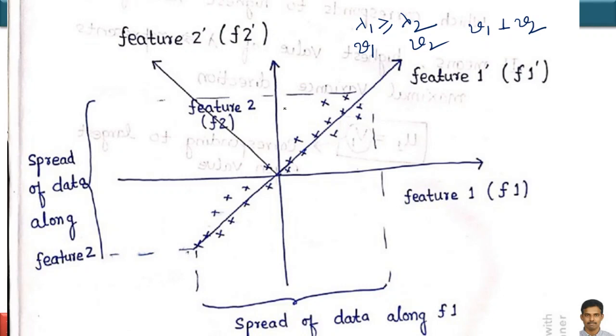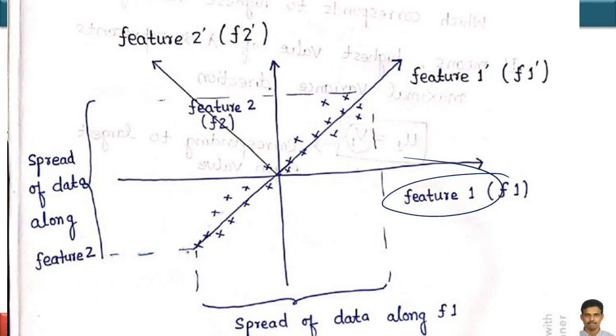So what we exactly did here is we took our data, which is represented with feature 1 and feature 2. There are two features. What did we do?